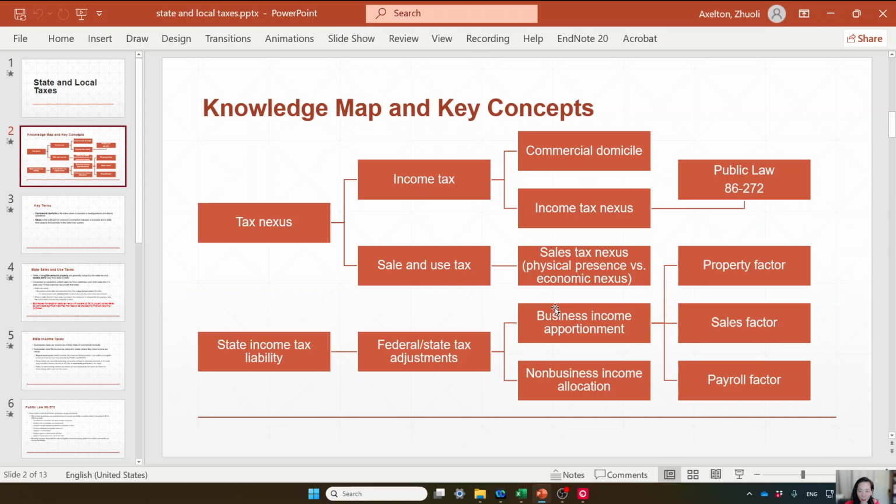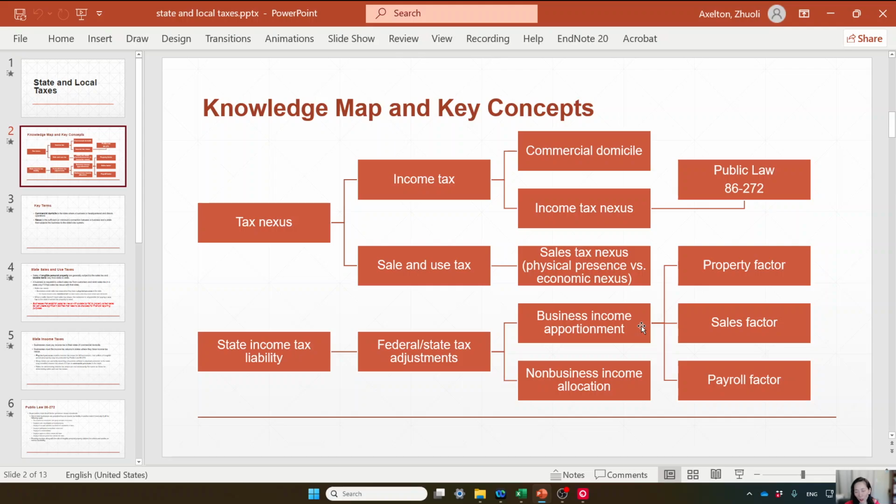The next thing, which is very unique for the business, is apportionment, the business income apportionment, and, for non-business income, there is a specific allocation. A lot of times when you hear apportionment in the context of state taxation, what they're trying to say is how do we allocate the business income across the states in which the business may have a tax nexus.